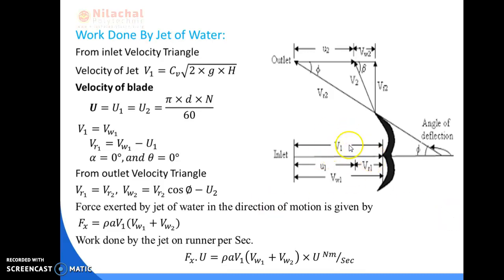So at the inlet, the V1 horizontal component is Vw1. As the line V1 is horizontal, total Vw1 will be V1. V1 is nothing but the velocity of the jet at inlet. So at the splitter we have a line suggesting the velocity triangle at the inlet.